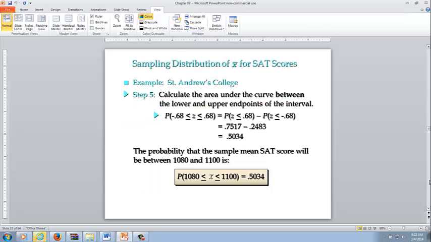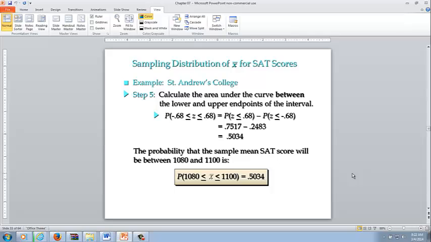Therefore, the area in between z 0.68 and z minus 0.68 is just the area to the left of 0.68 minus the area to the left of negative 0.68, and therefore it's 0.7517 minus 0.2483. Hence, what we can say is this: there is a 50.34% chance that the sample mean score will be between 1080 and 1100.